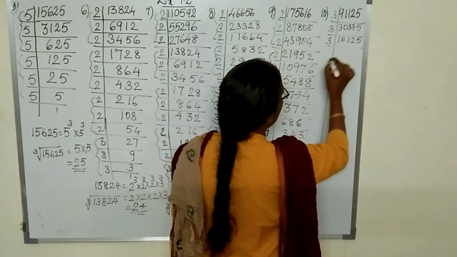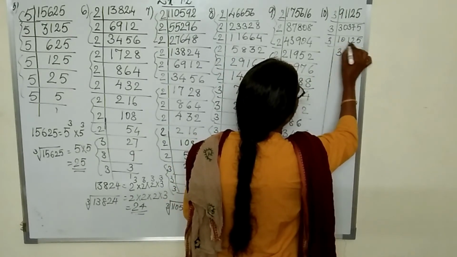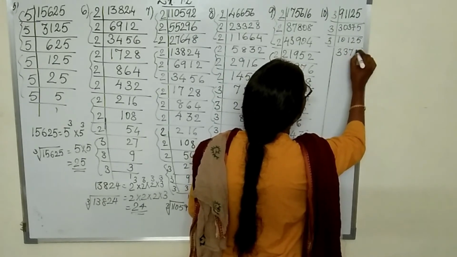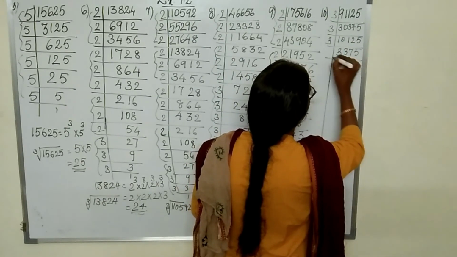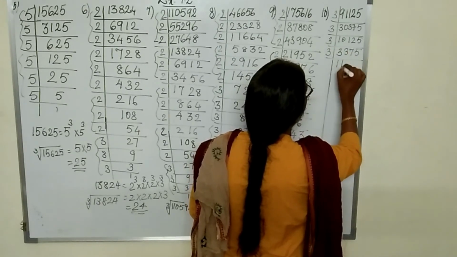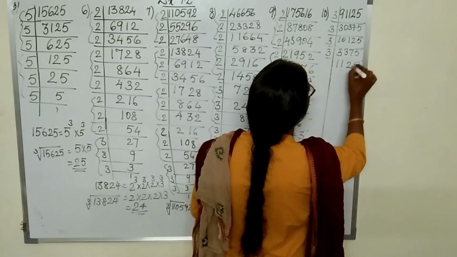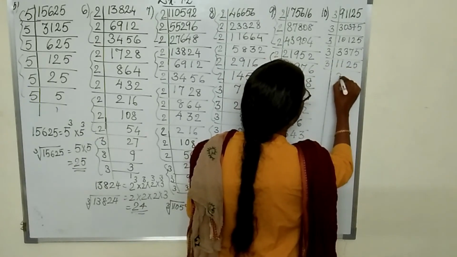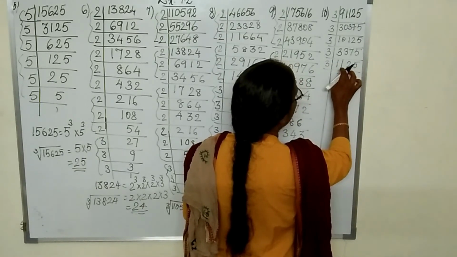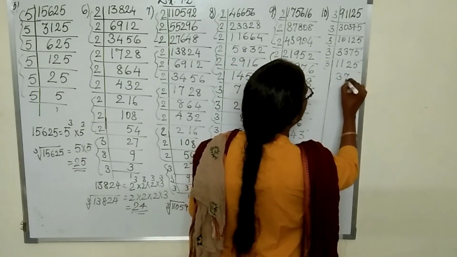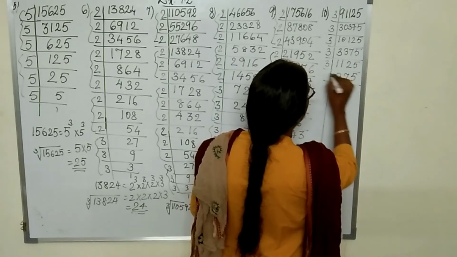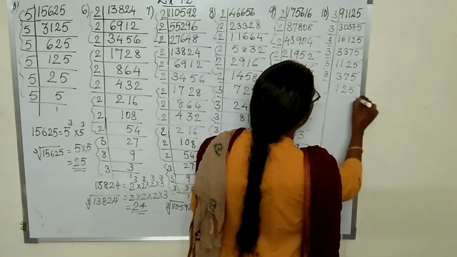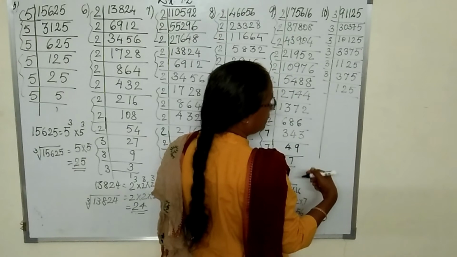So again by 3. 3 3s are 9. 3 3s are 9. 7, 5. Again by 3. 11, 25. Again by 3. 3 3s are 9. 21, 7, 5. Again by 3. 1, 25. Now it is not divisible by 3.